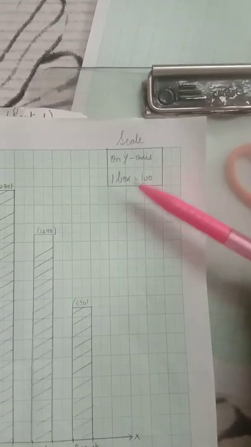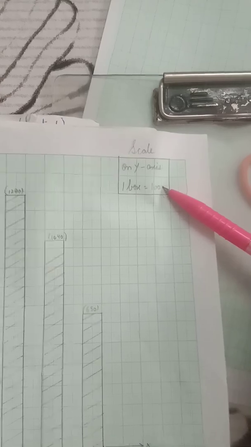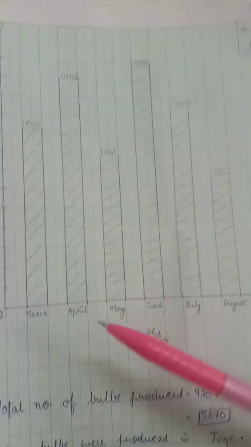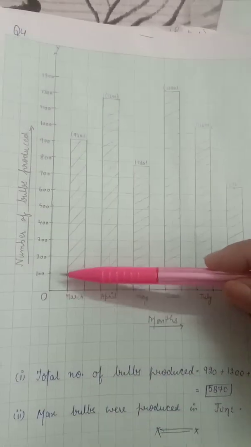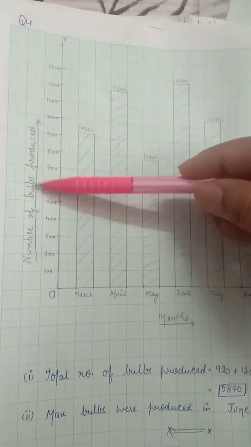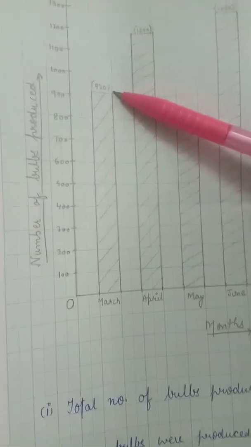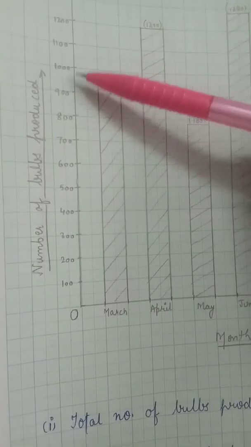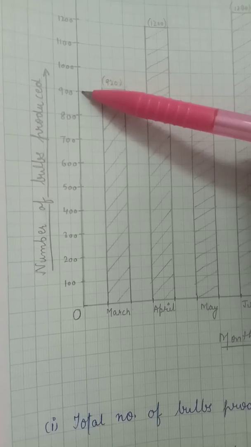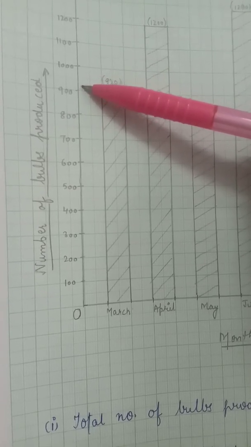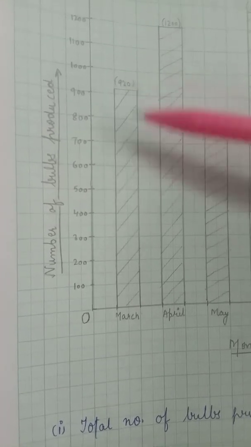Scale. On the y-axis, one box or one division is equal to 100 bulbs. Your x-axis, months. Your y-axis, number of bulbs produced. In the month of March, 920. Now you can see between 900 and 1000 there are 10 small divisions. So the first division is 910, the second division is 920.